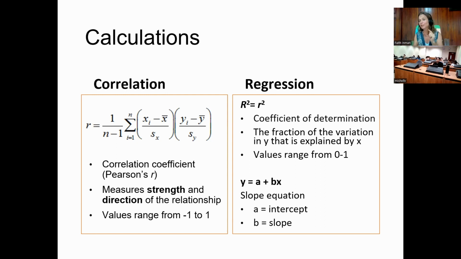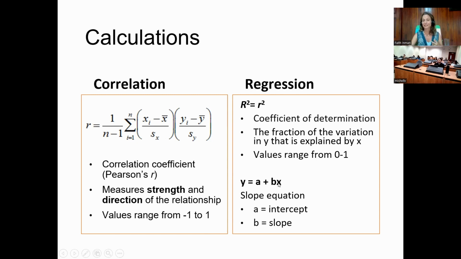But you have something else that you get from the regression, and that is a slope equation. And if you remember from calculus, y equals a plus bx. Sometimes it's written y equals bx plus a, or y equals mx plus b. You can use different letters, but there's always a y on the left side.